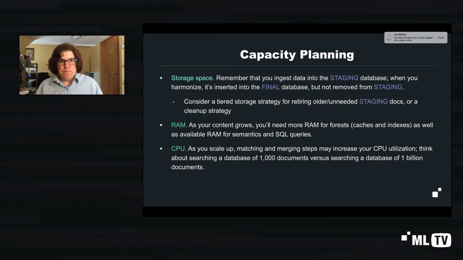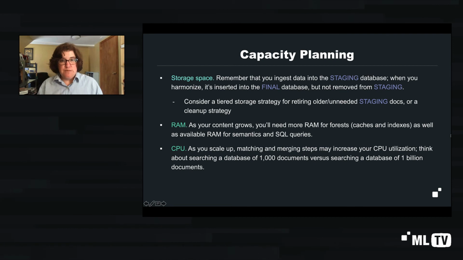A word here about capacity planning. So, storage space. Remember that you're ingesting data into the staging database, and then when you harmonize it, it gets inserted into the final database, but it doesn't get removed from staging. There's no purge operation. So you might want to consider a tiered storage strategy for retiring older or unneeded documents.